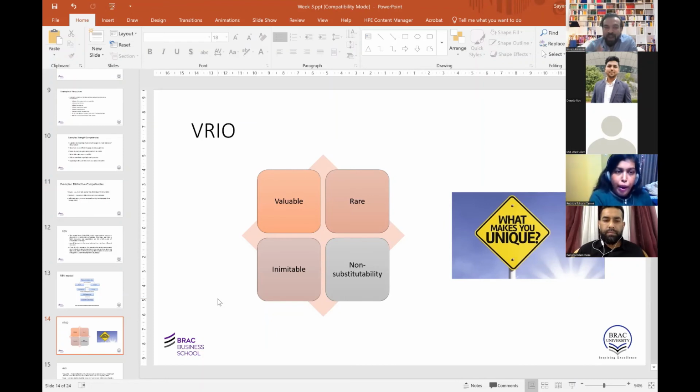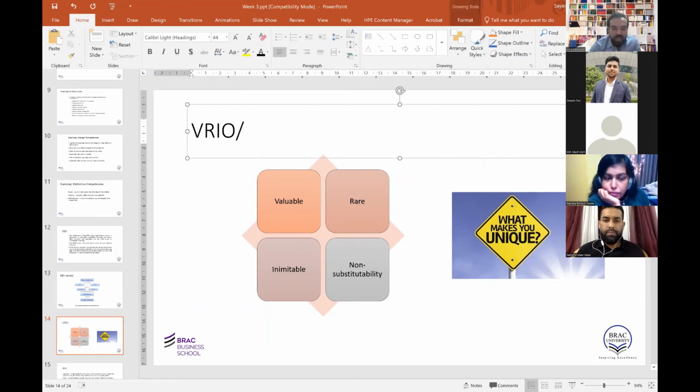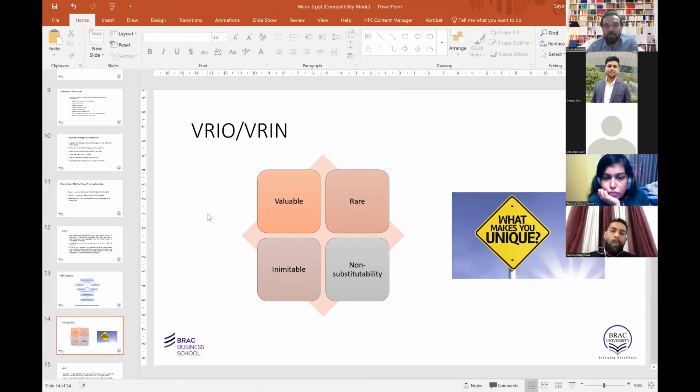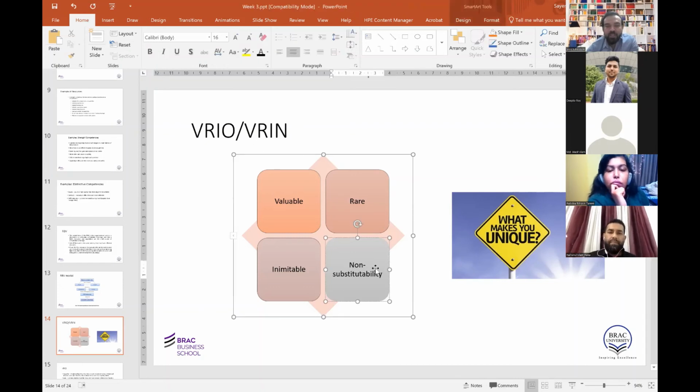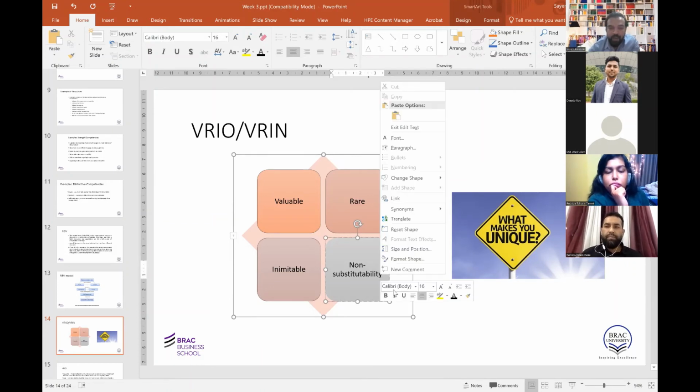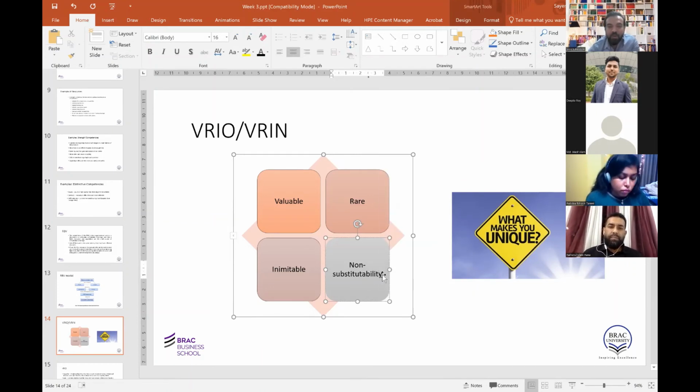Now, you might find that this is also called VRIN, because in many books you'll find it called VRIO. So N, non-substitutability, is also known as how well the brand is organized.